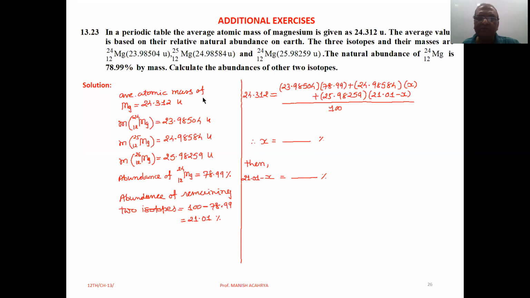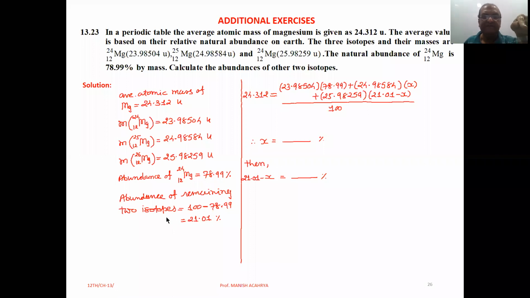Now the average atomic mass of Mg is given to you. Then the mass of each isotope is also given to you. And the abundance of one isotope, 12Mg24, that is 78.99%, is given to you.